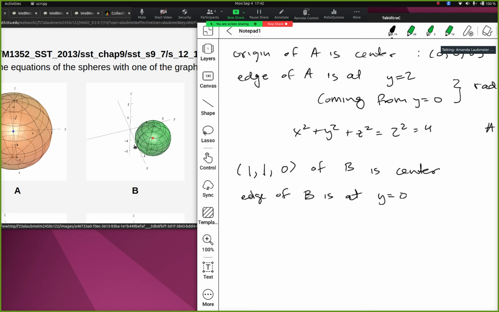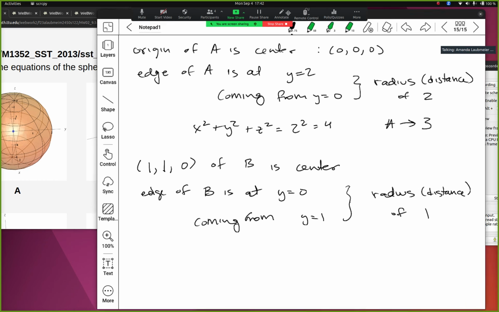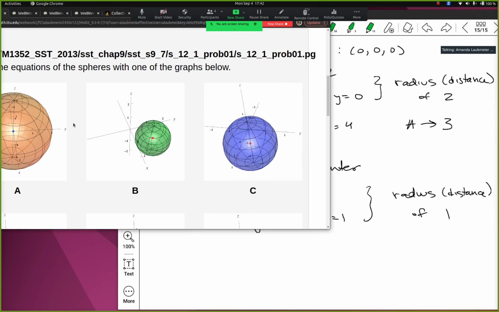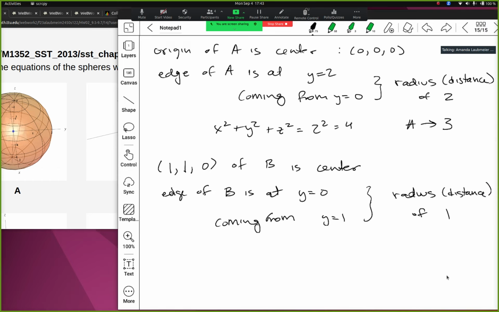Right there seems to be the edge of my sphere. And coming from the center at y equals 1, covered a distance or radius. Sorry, I ran off the screen again. That radius was 1.